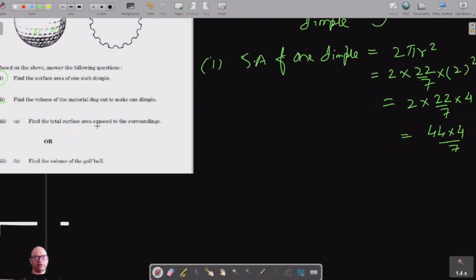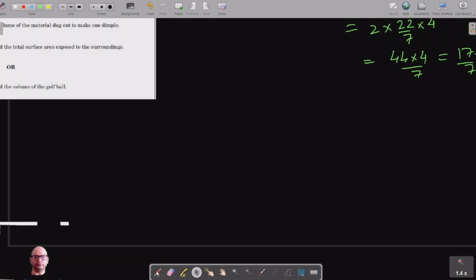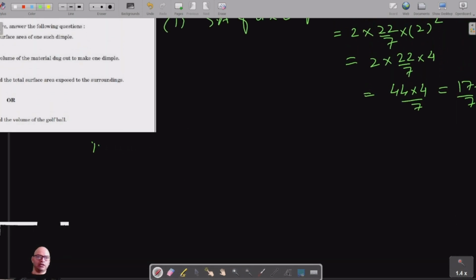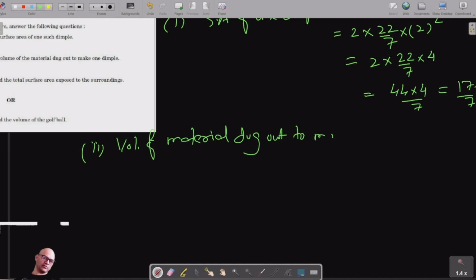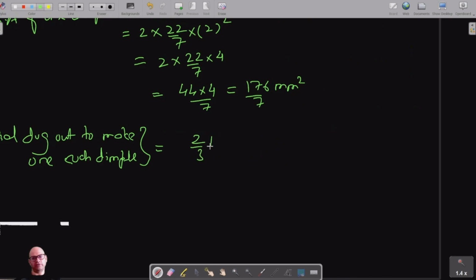Now the next one is to find the volume of material dug out to make one such dimple. The volume of material dug out to make one such dimple is the volume of the hemisphere, which is 2 by 3 pi r cube, with radius 2.